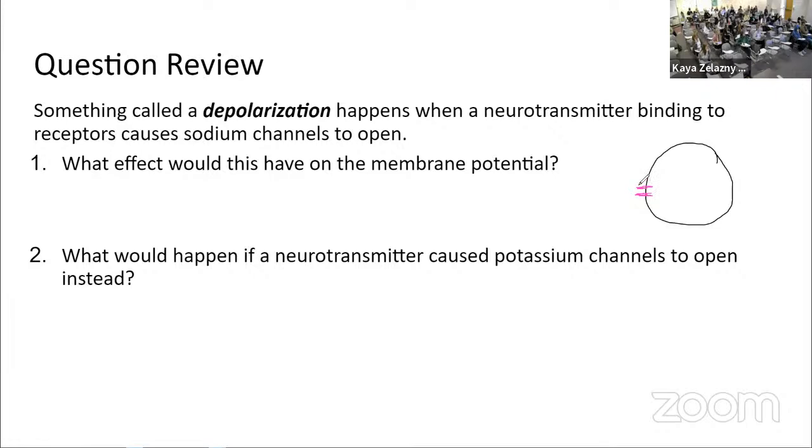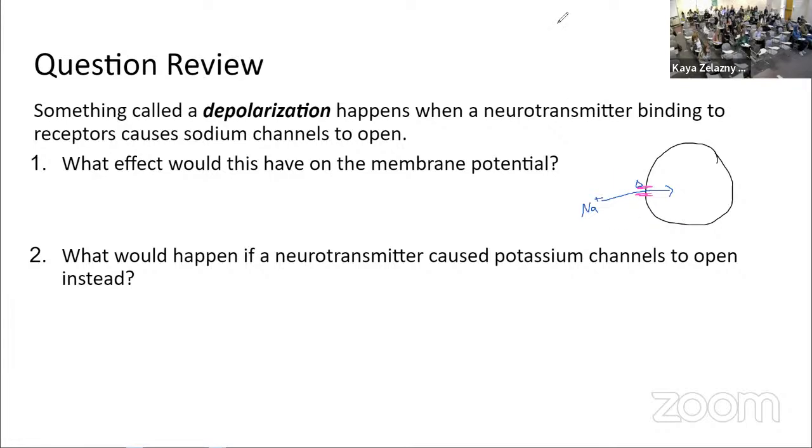This is kind of like how enzymes worked: when you have something bind onto a protein, the protein changes shape. So this little blue triangle is a neurotransmitter. It might bind onto this channel and open it and allow sodium to move in. The sodium moving in would cause that membrane potential, that -70, to start to creep up towards that threshold of -55. So that's our depolarization.